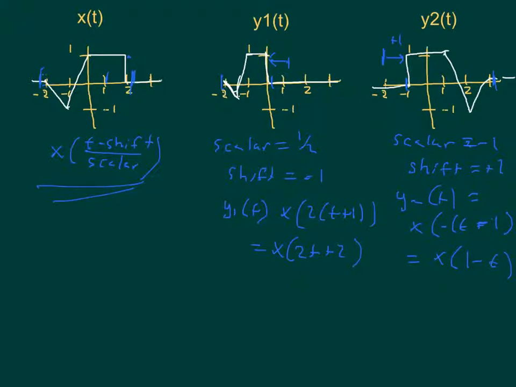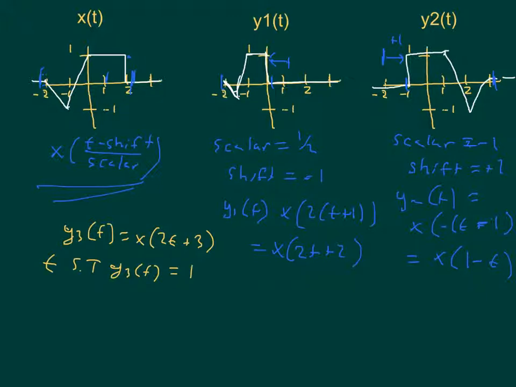In the last part of the question, we are given that y3 of t equals x of 2t plus 3. We're asked to find t such that y3 of t is equal to 1.